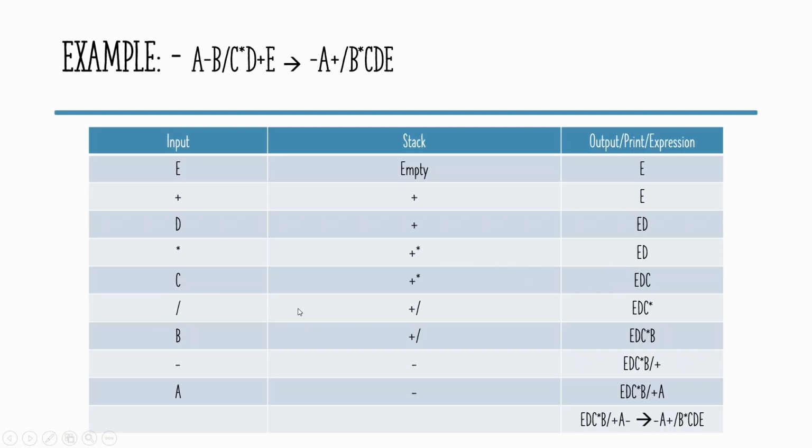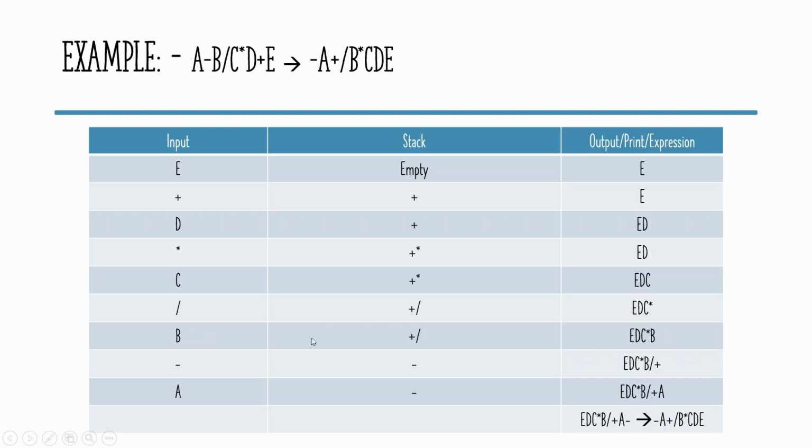Then we have division, and now as we know that if there is a similar precedence, we have to pop out from the stack until the lesser precedence operator is found. So multiplication is popped out and printed, and as division is higher precedence than addition, it is pushed onto the stack.